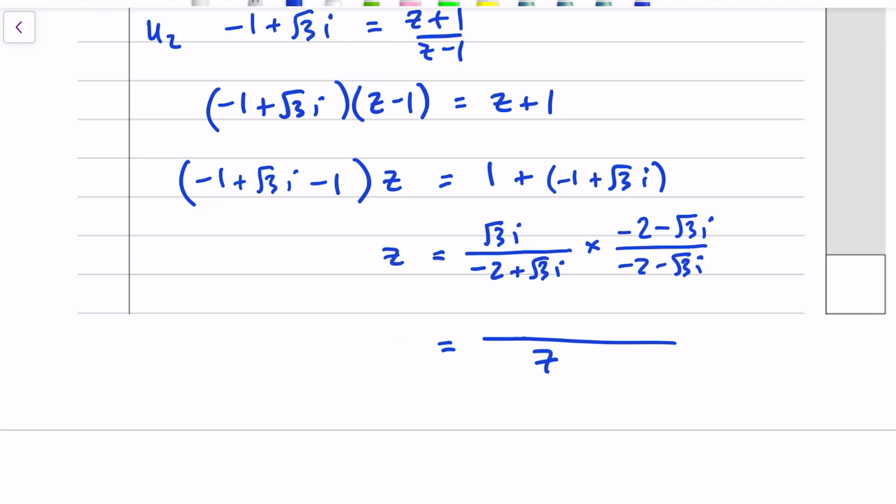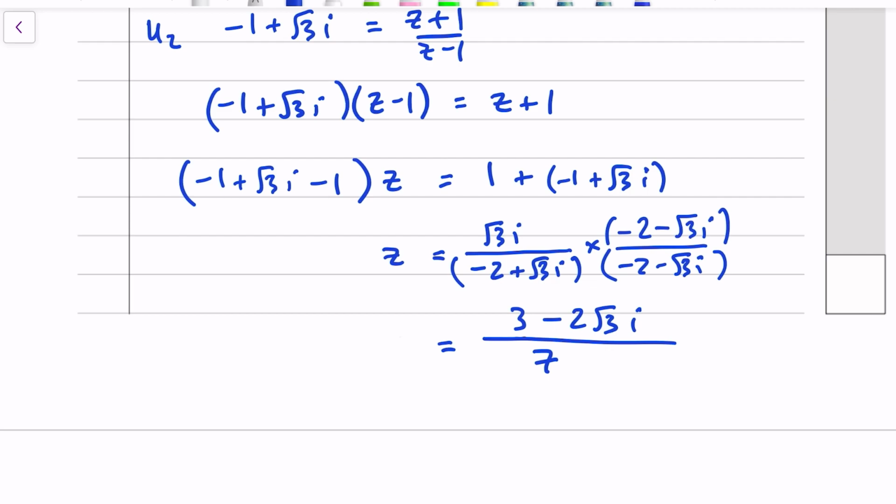Numerator becomes, root 3i times negative root 3i is minus 3 times i squared, so 3. And then we've got minus, because this is in brackets, root 3i times minus 2 is minus 2 root 3i.